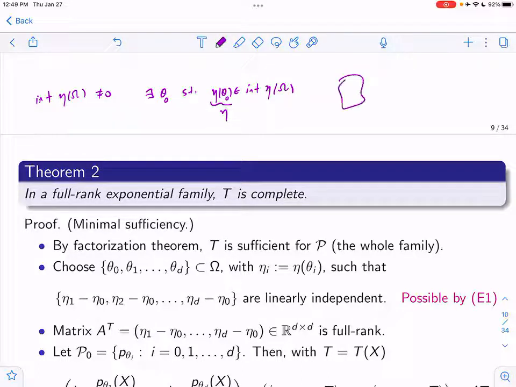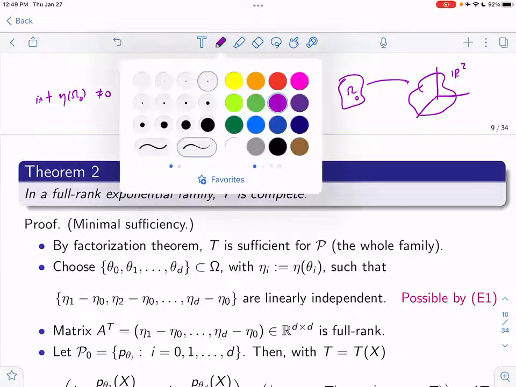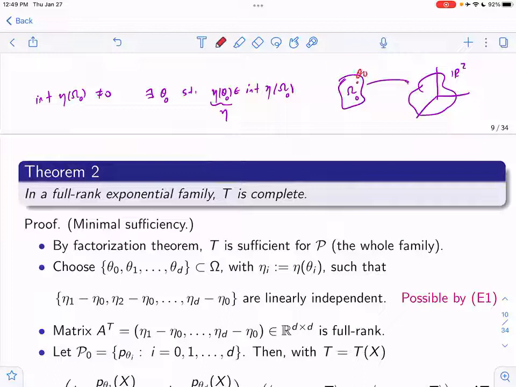So this is omega naught, and this is mapped to R^d, to some other set. So I'm picking theta naught here. This is mapped to eta naught somewhere.